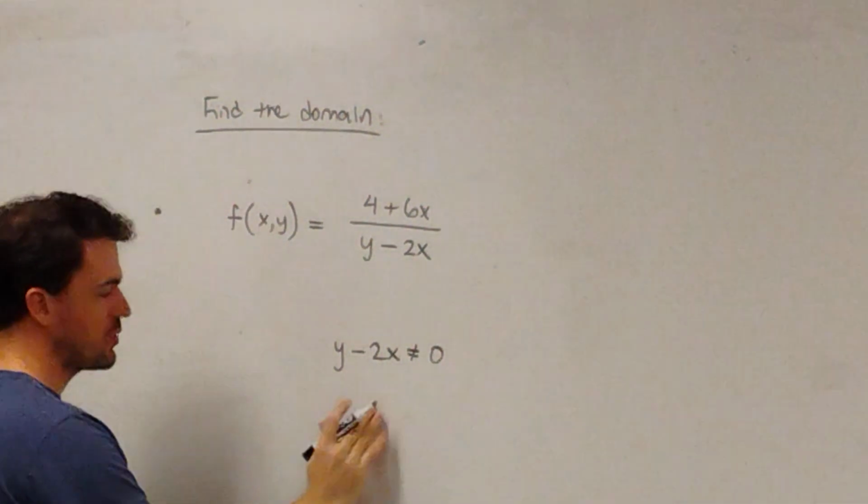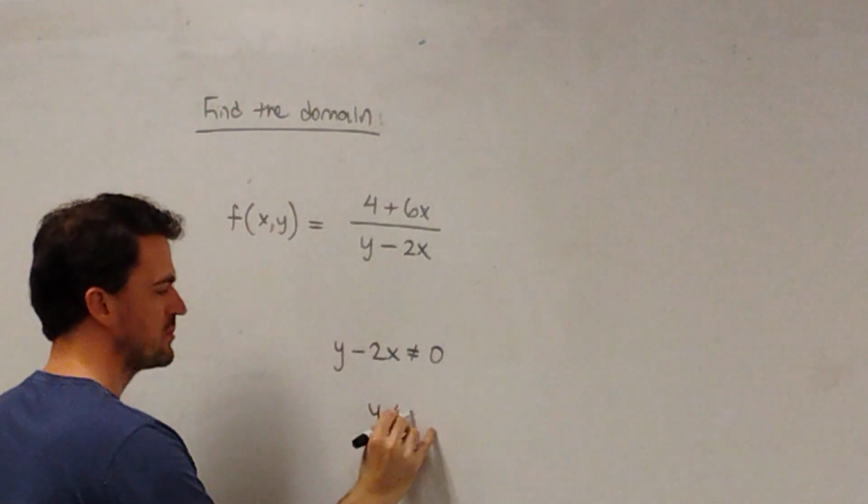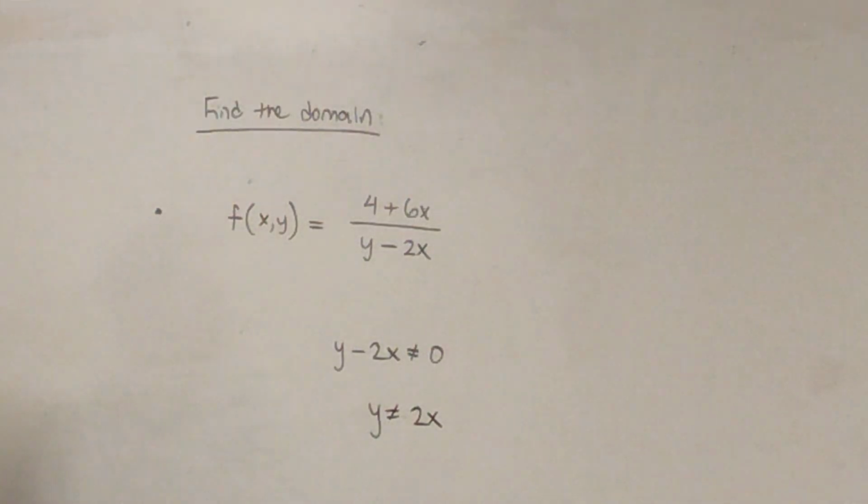And while that is true, y minus 2x can't be 0, let's go ahead and solve for y when we're doing the domain, just to make sense of what's happening here. It's saying y can't be 2x.